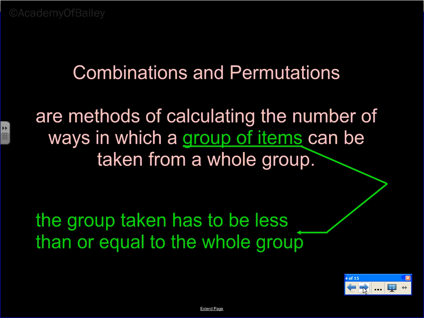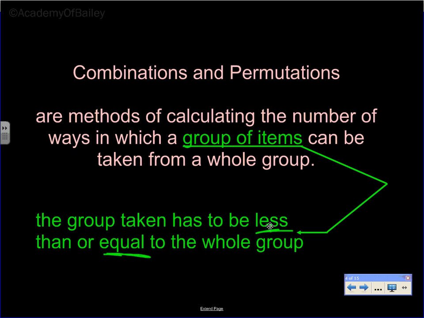This is my definition of what a combination and permutation is. I'm going to let you read this on your own for one moment, and then I'll come back. What a combination and permutation will do is let you find the number of ways in which you can pull a small group that is less than or equal to the whole group.